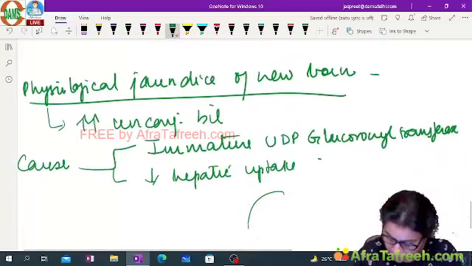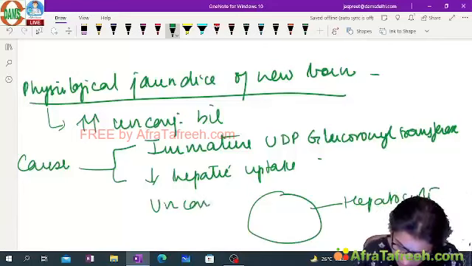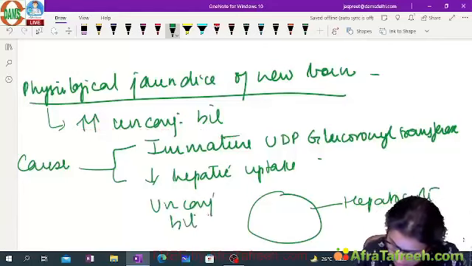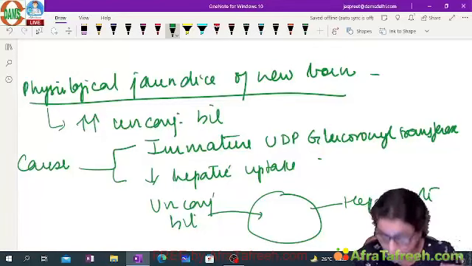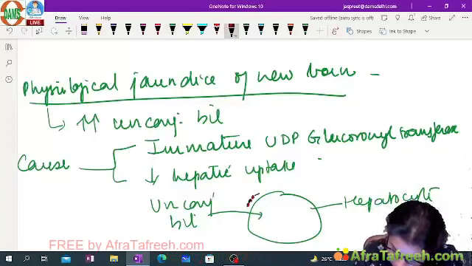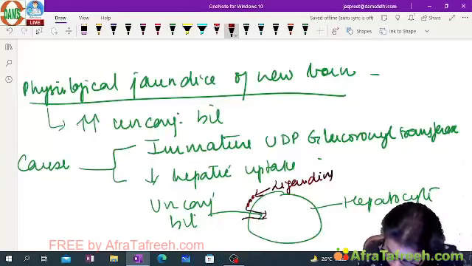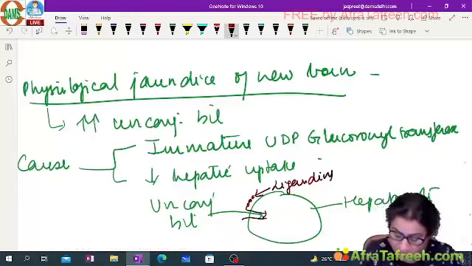If this is a hepatocyte and this is unconjugated bilirubin, it enters inside the hepatocyte and then gets conjugated there. Ligands are responsible for taking unconjugated bilirubin inside the hepatocyte.